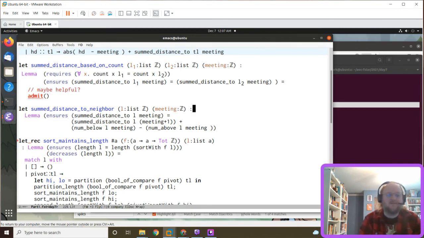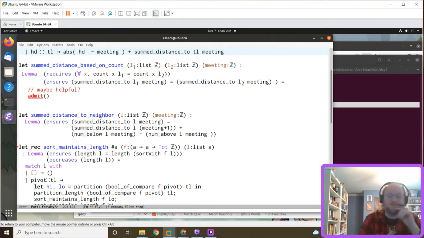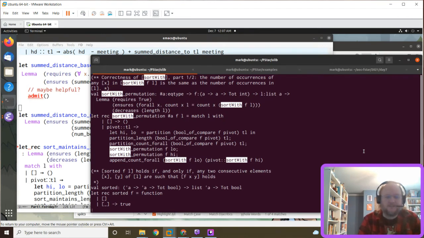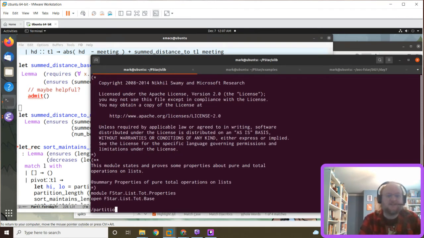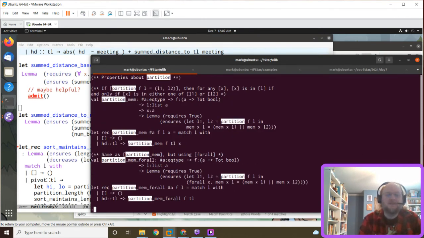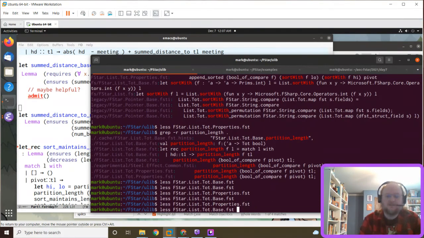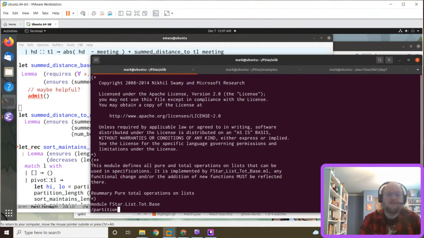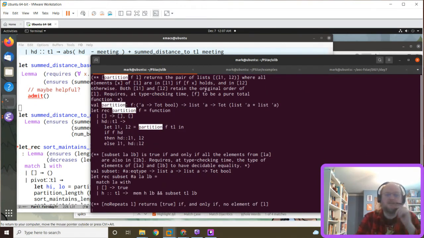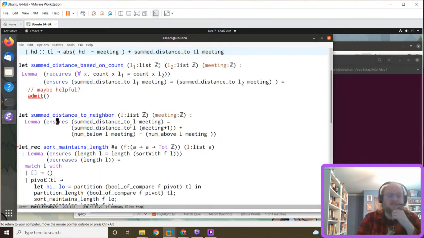So we need to define num below and num above, which is actually partition. For the correct definition of partition. Okay.